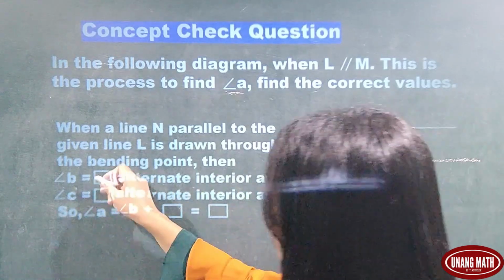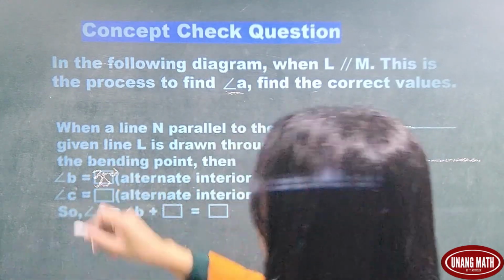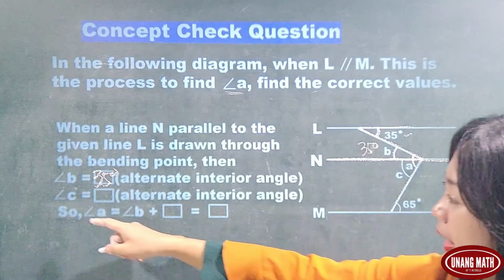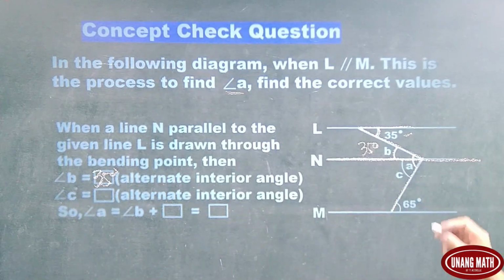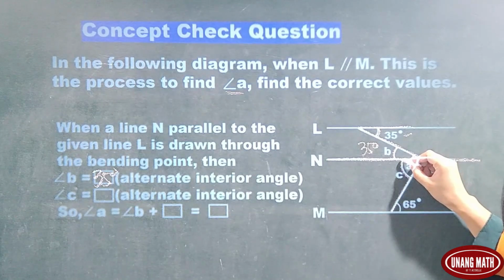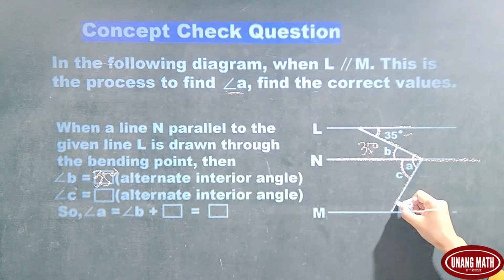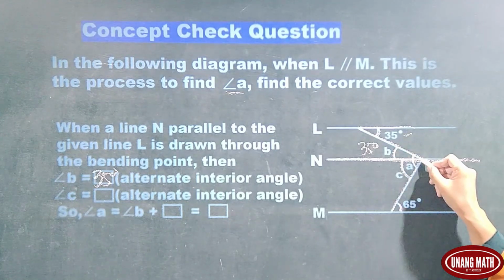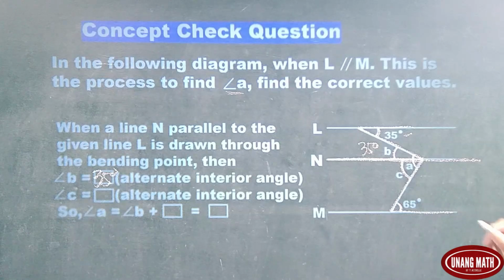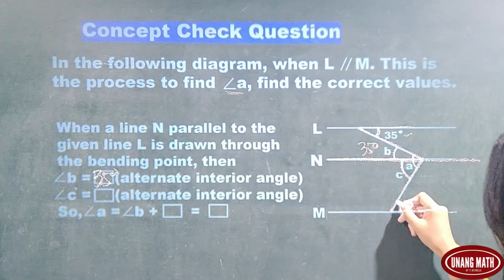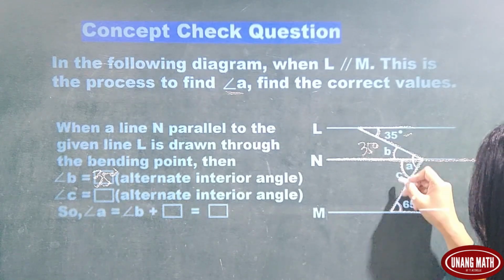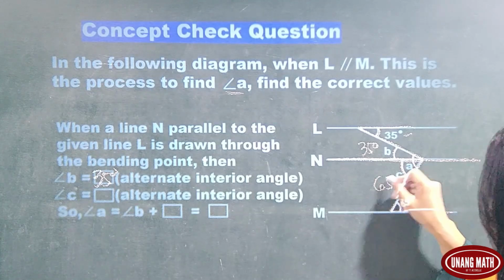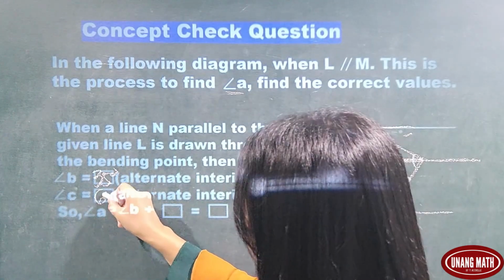So B is 35 degrees. Okay, what about angle C? Where's angle C? This angle. Okay, this angle C and this angle are also alternate interior angles. If this is 65 degrees, then angle C is also 65 degrees.